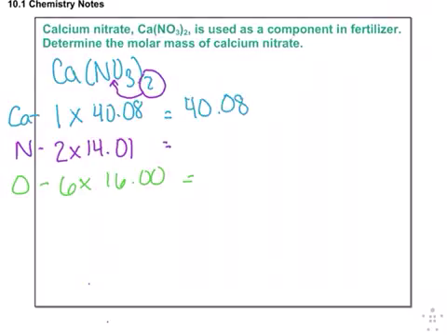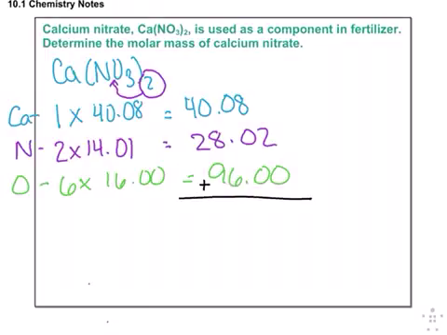So then, once you have all of that sorted out, you do the multiplication for each of these. I'll do this first one. Somebody have the nitrogen figured out? 28.02. And lastly, the oxygen. 96.00. Then your last step is add all of them together.